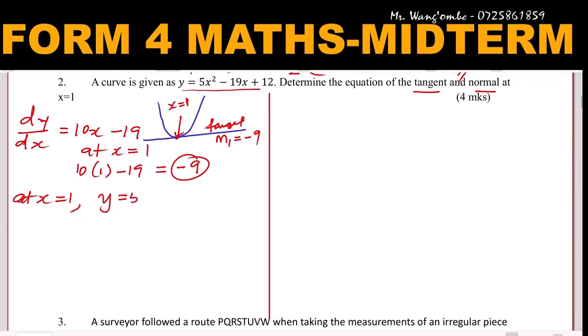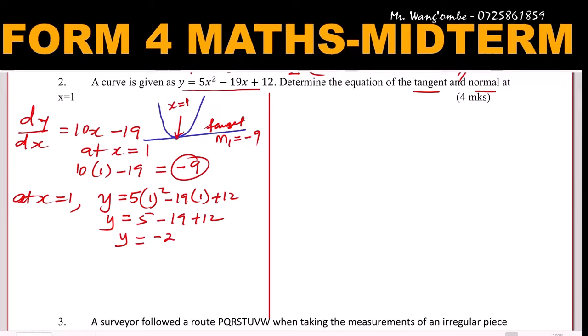So we have 5, then x is 1, so that will be 1 squared, subtract 19, x is 1, then plus 12. So you'll get 5 subtract 19 plus 12. So this will give 17 minus 19, that will give negative 2.